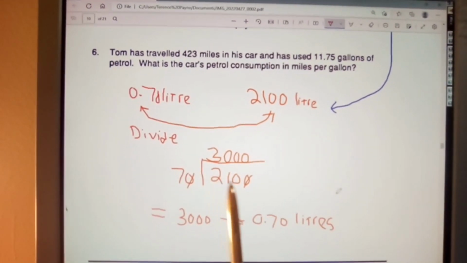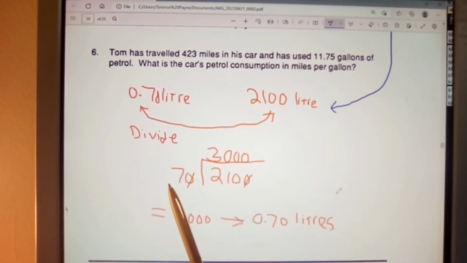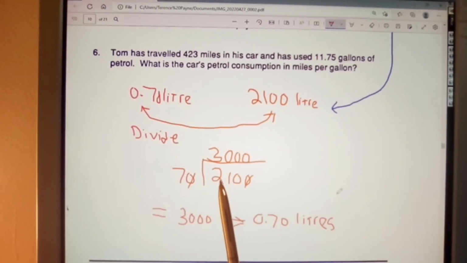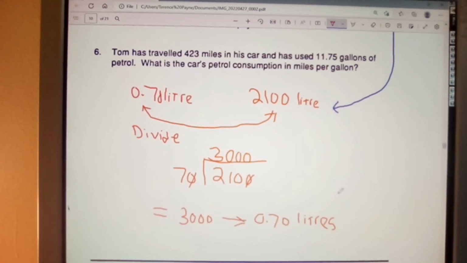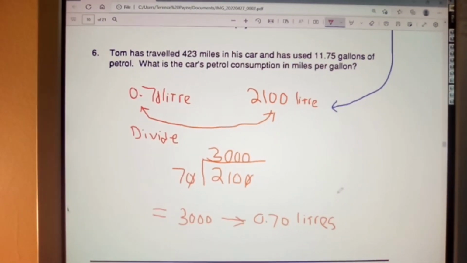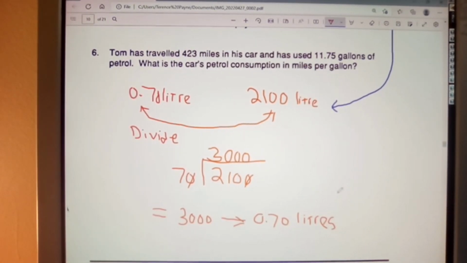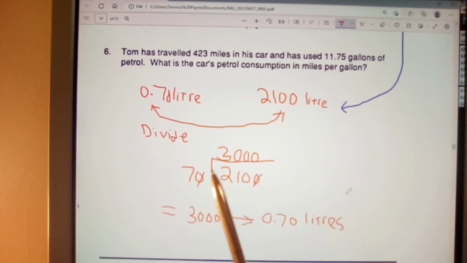Something I should have probably mentioned as well is I'm going ahead of myself here, so I should actually say 721 goes 3 times, 700, and we moved our decimal point 2 places to the right, so we need to move it back.